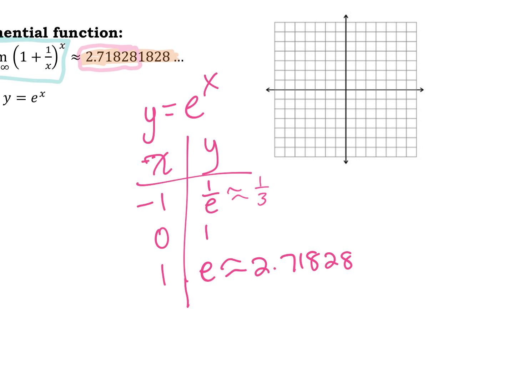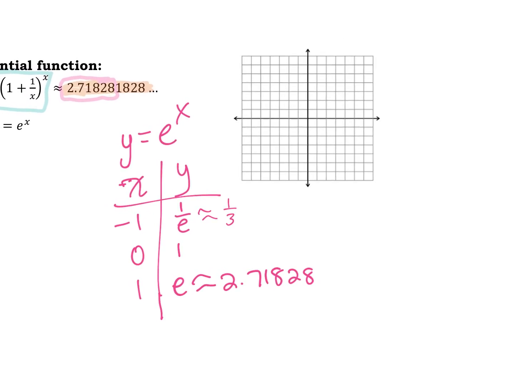If you were to plug 1/e into your calculator, there's an e key, not the letter in the alphabet, the e key. It's right above the parentheses, just to the left of the number 1. But to approximate for our graphs, we can think of it as about 1/3, because it's 1 over something close to 3.